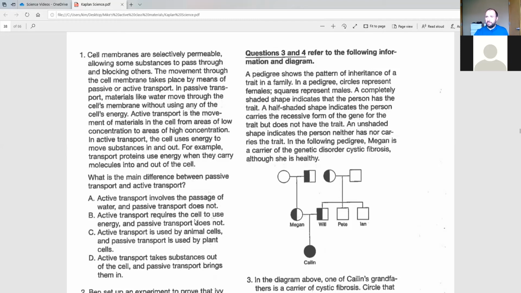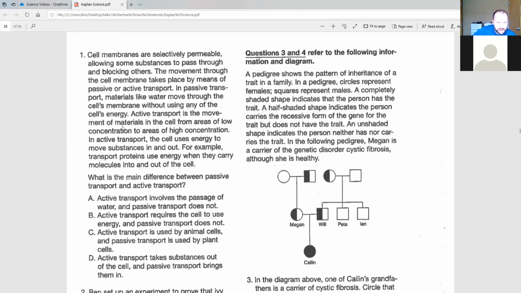So between B and D, let's just pick the one that makes the most sense. B, active transport requires the cell to use energy and passive transport does not. Or D, active transport takes substances out of the cell and passive transport brings them in. Okay, so is there any mention of energy? Now, we do see passive transport, blah, blah, blah, without using any of the cell's energy.